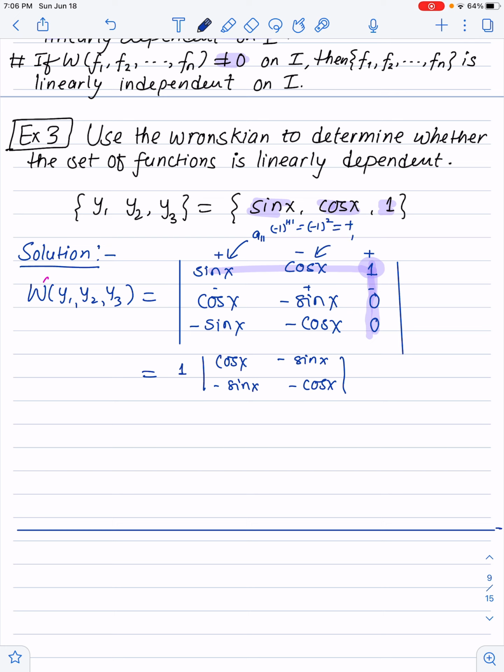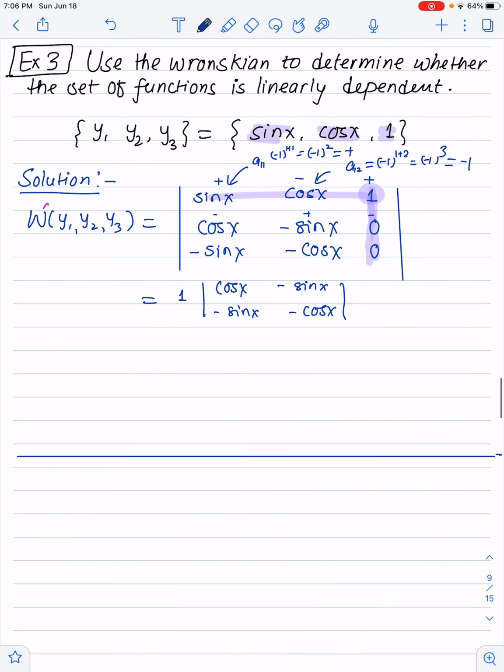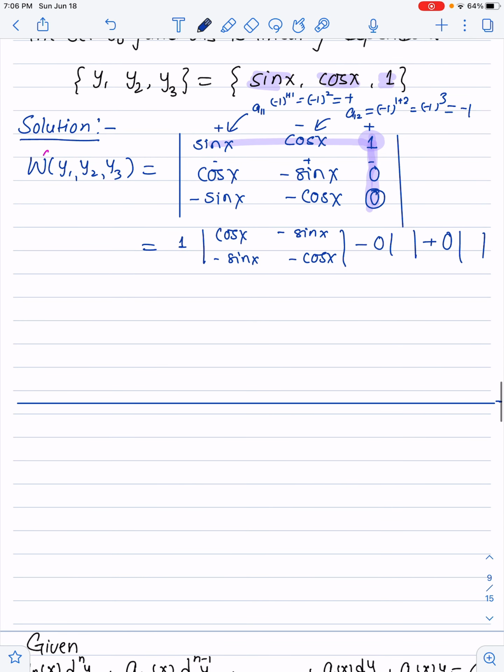And its position is a12, so negative 1 to the power 1 plus 2, which is negative 1 cubed, which is odd, so it will be negative 1. So that's how you have to figure out what would happen. Negative 0 times whatever will be 0, and then here also, 0 times whatever will be 0, so I'm not calculating anything inside the determinant. That's why I took that column.